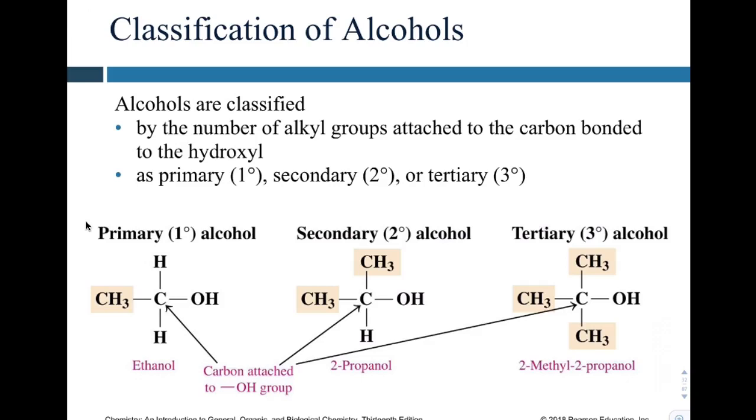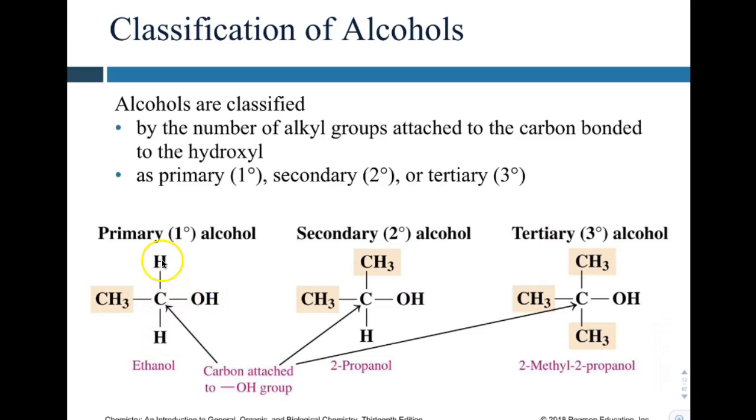And so if I'm looking at a primary alcohol, we would use a degree symbol, 1°, to talk about primary. In a primary alcohol there's one thing the alcohol has to share the carbon with. So a primary alcohol has one alkyl group attached to the carbon that the alcohol is connected to.